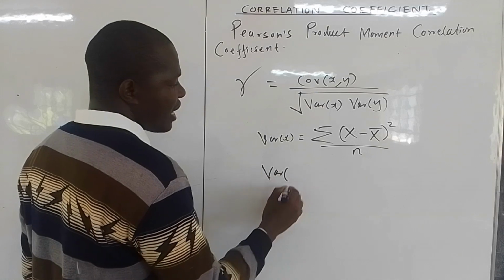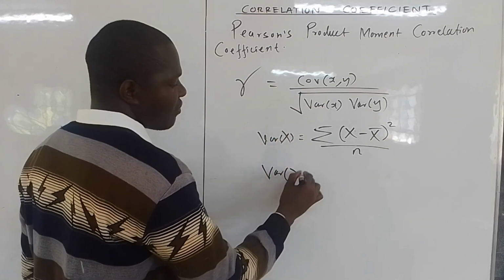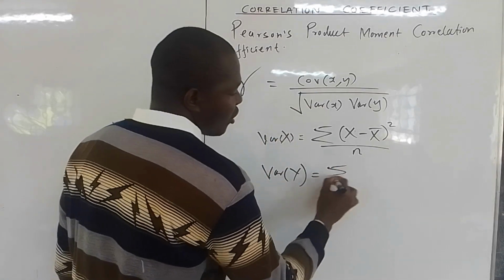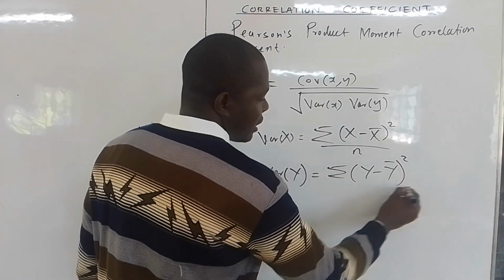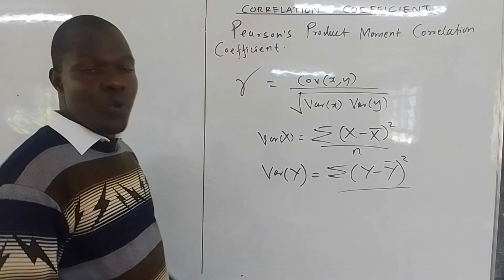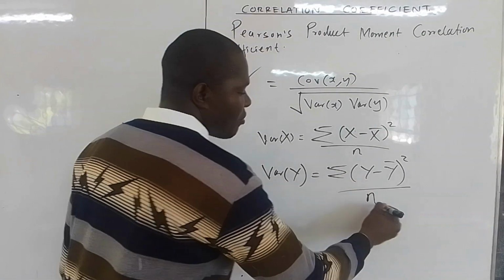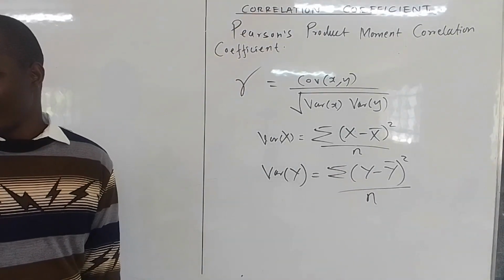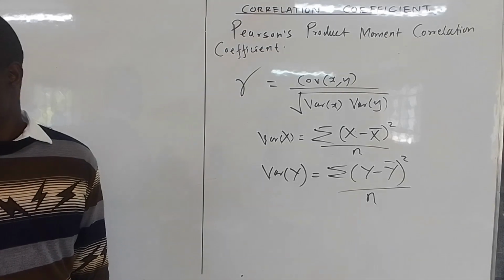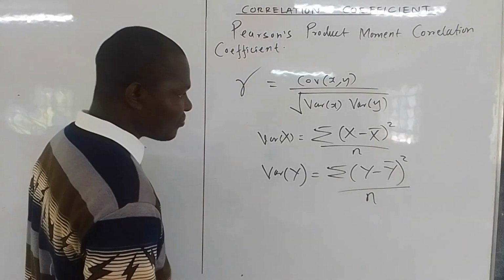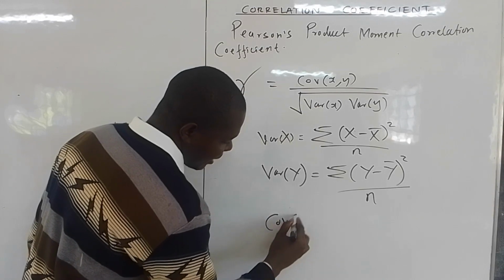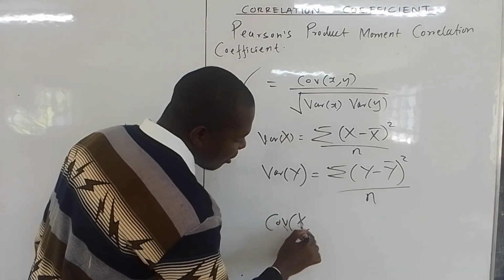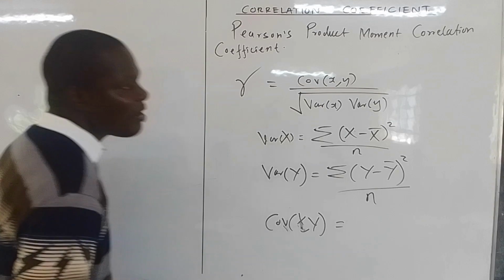Then the variance of y is the average of the squares of the differences of the data values from the mean. So the covariance of x and y is going to be given by what?